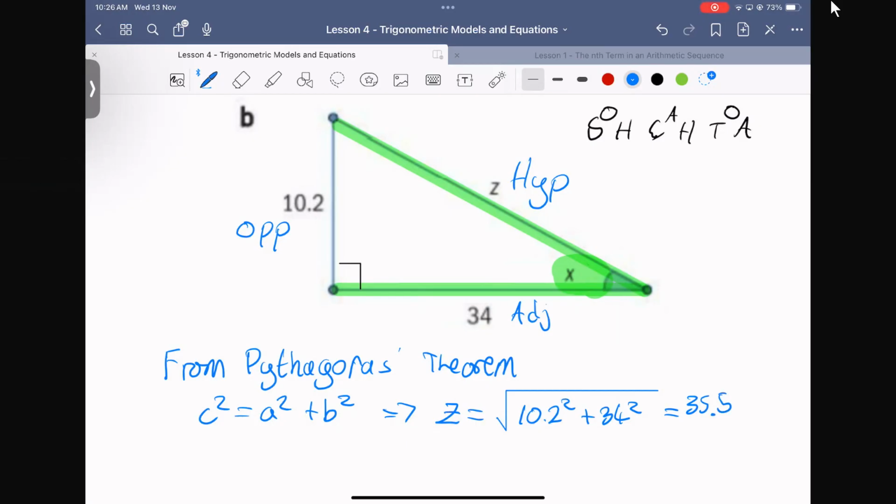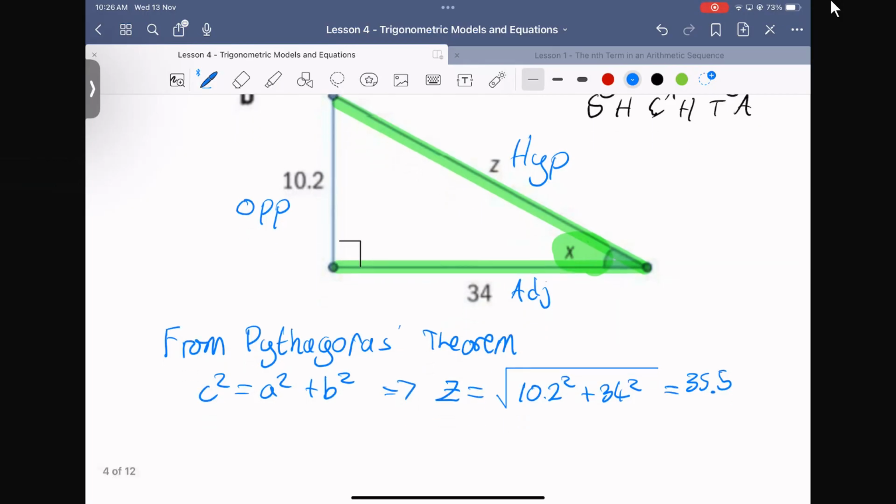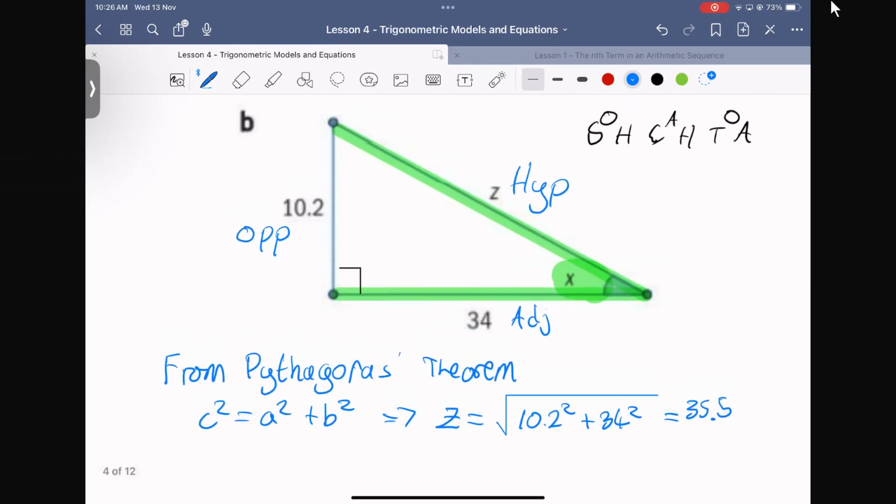Next, we need to calculate x. Looking at our triangle, we've been given the adjacent and the opposite. Although we know the hypotenuse, I calculated that, so I could have made a mistake.